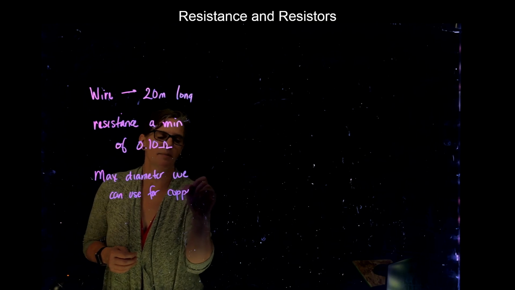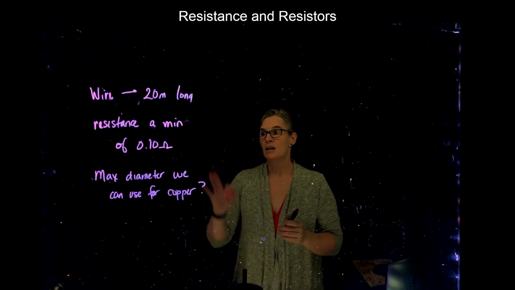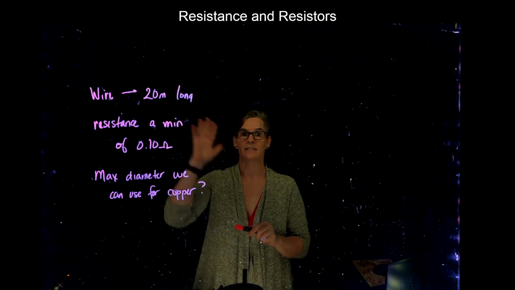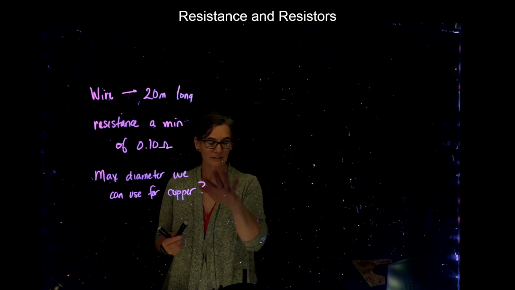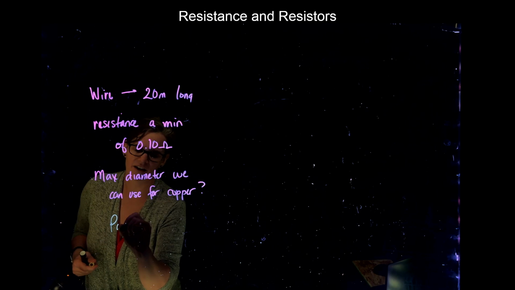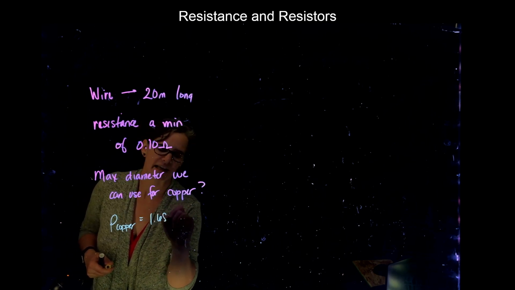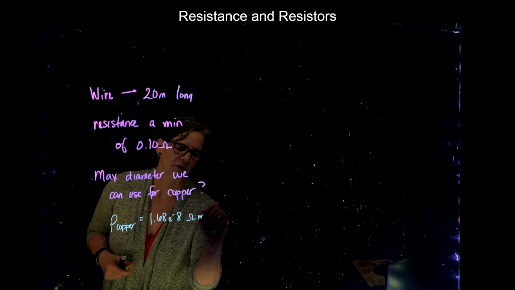I'm going to use copper. What is the maximum diameter I can get in order to maintain this resistance over that 20 meters of length? Okay, and just because you probably don't have the resistivities in front of you, the resistivity of copper is equal to 1.68 times 10 to the minus 8th ohm meters.